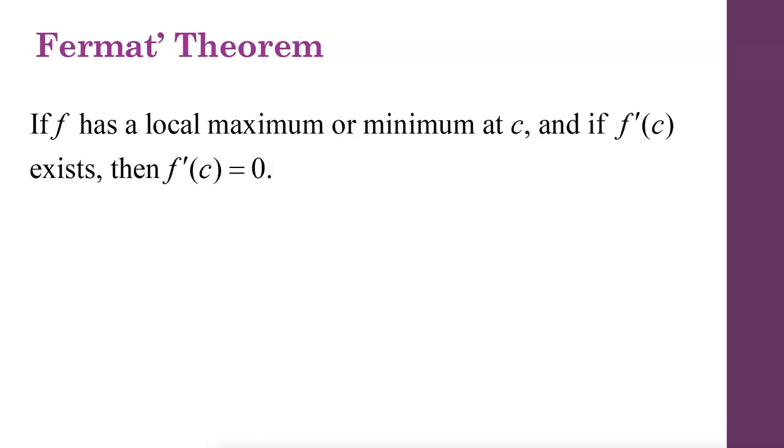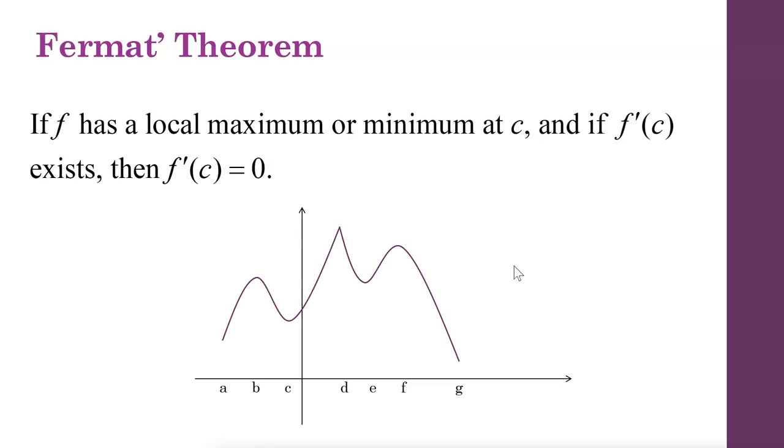So it gives us possible places where I may have a max or min, or where I should potentially be looking for a max or min. Right? So if we go back and look at our function where I had local maxes and mins, at some of them at least, the derivative was 0.